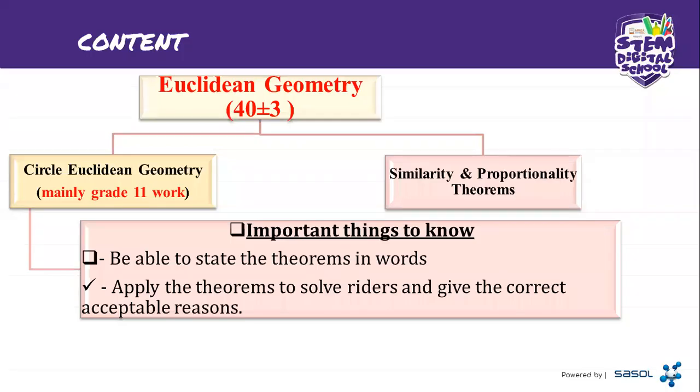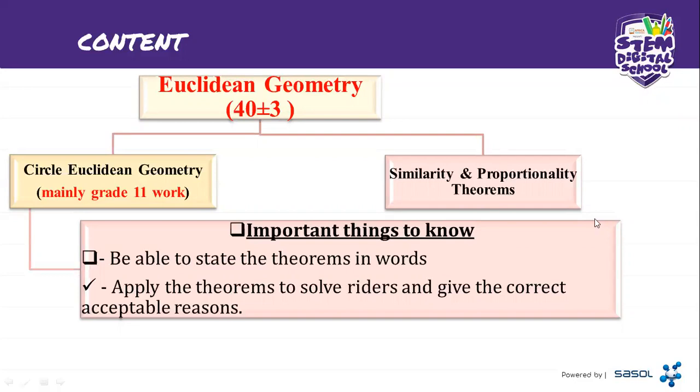And then under content, we have Euclidean geometry, and this topic, remember, forms part of paper 2, and it contributes 40 plus or minus 3 marks out of 180. I mean, out of 150 marks for paper 2. So it's a very important topic that one should make sure he or she studied very well.